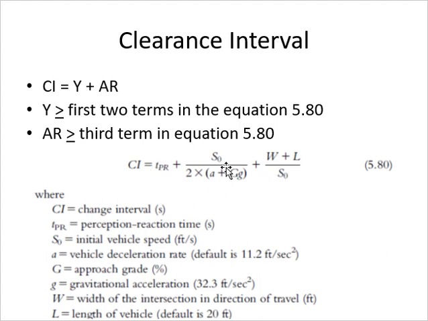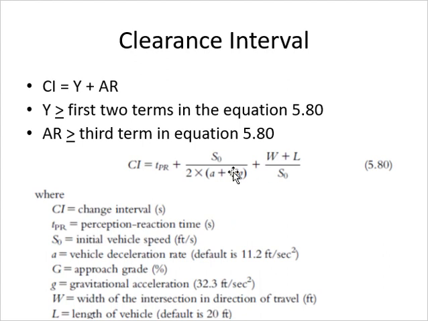So TPR plus this will give you the yellow time, and this one will give you the all red time. This equation comes from the equation of stopping sight distance. We took the equation of stopping sight distance and rearranged it to give us the time instead of the distance.